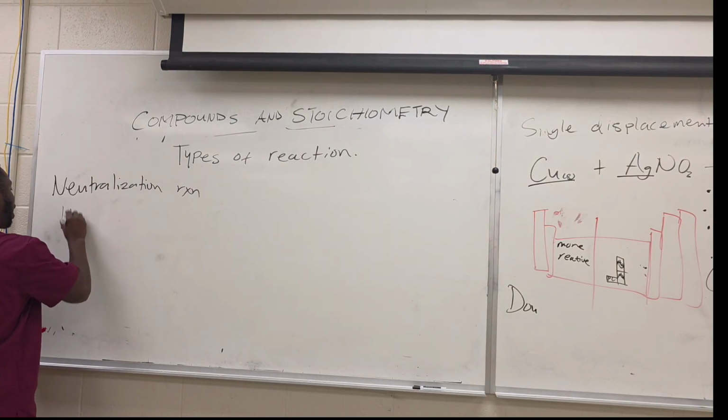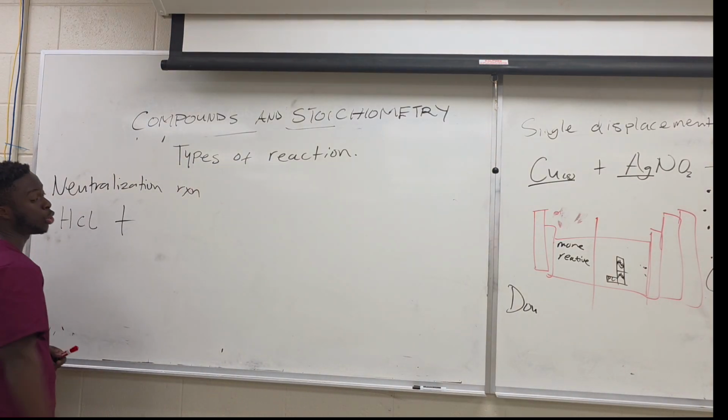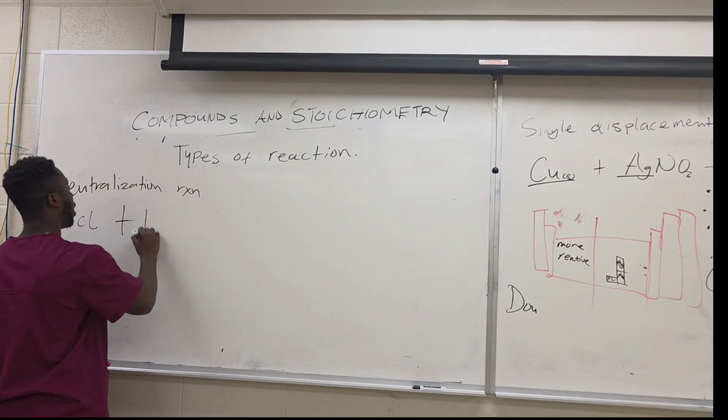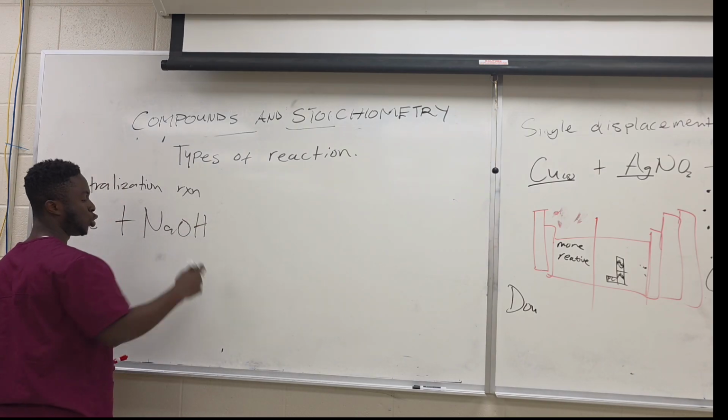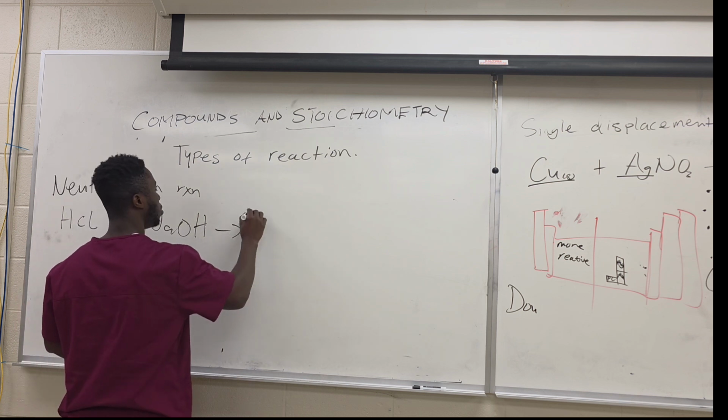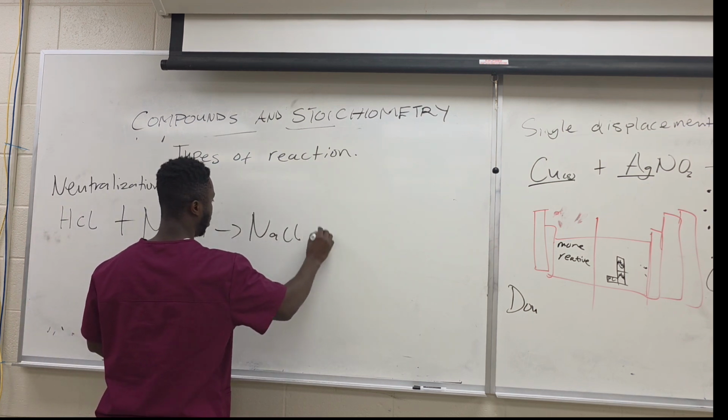So we take the acid hydrogen chloride, or hydrochloric acid, reacting with sodium hydroxide to form sodium chloride plus water.